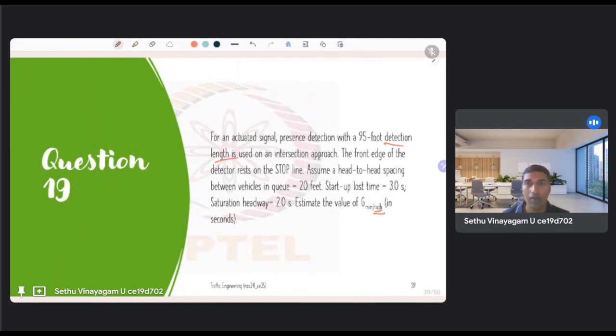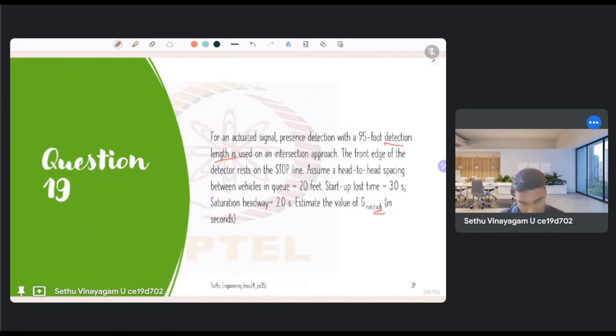So we have to find how many vehicles are there in the detection area, right? So how do we do that? We can make use of the head-to-head spacing. Because the vehicles are packed together in the detection area, using that we can estimate how many vehicles are there, and then what is the time required for clearing all these vehicles. So that will give us the minimum amount of green time that is required.